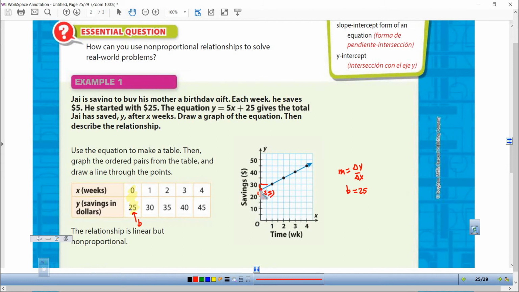This scale is going by a half. So even though it looks like it goes up less, it's actually going up 5 and over 1, up 5 and over 1, up 5 and over 1. All right? So the change in y over change in x is 5 over 1 or 5, which means, all right, that is our rate of change.